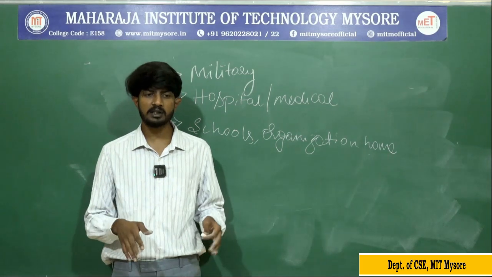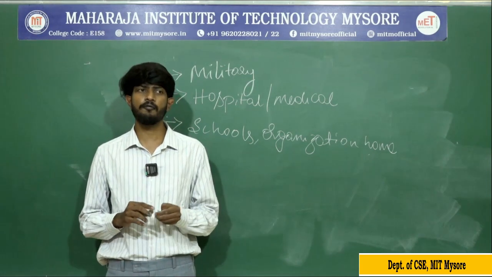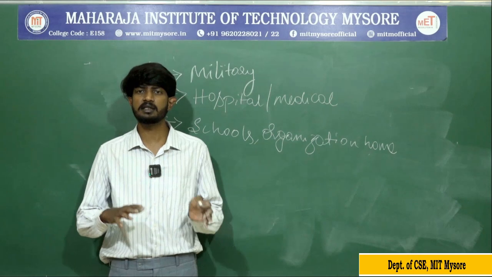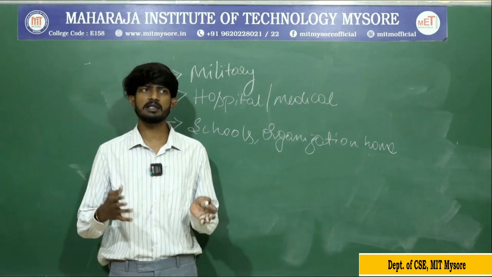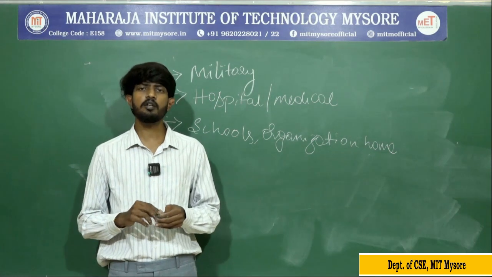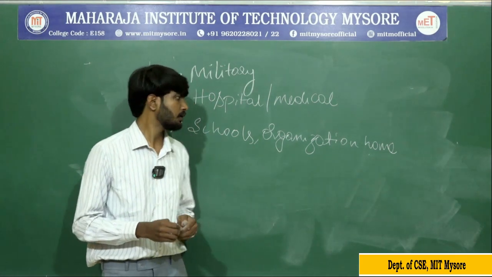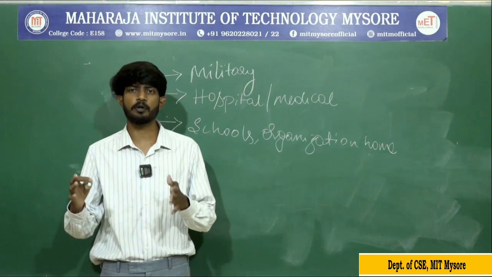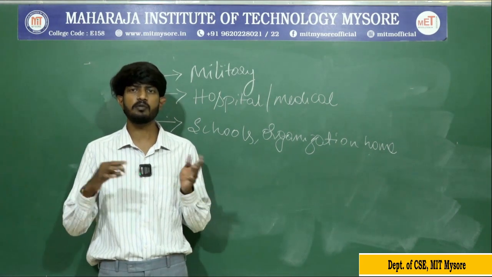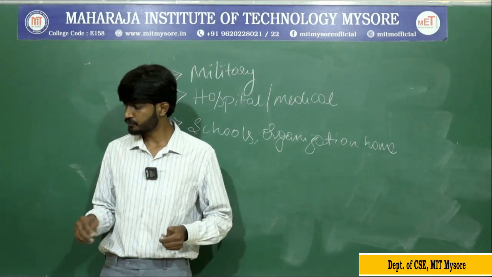And nowadays the computers are very good at artificial intelligence and machine learning. So to build some artificial intelligent systems we need to use the computers only. Okay, these are all about the applications of computers, where the computers were used.